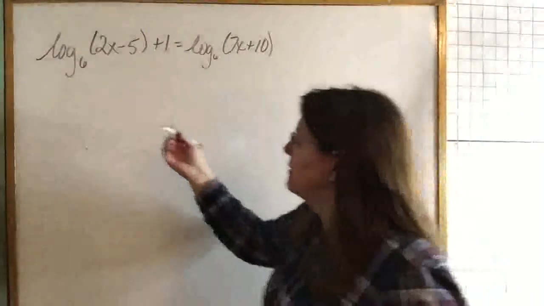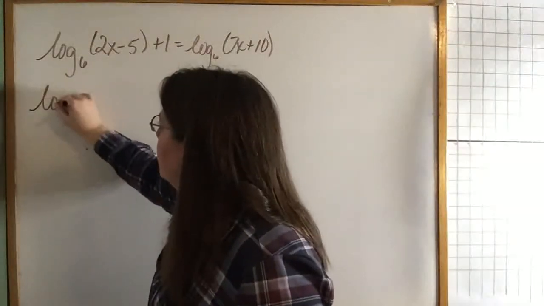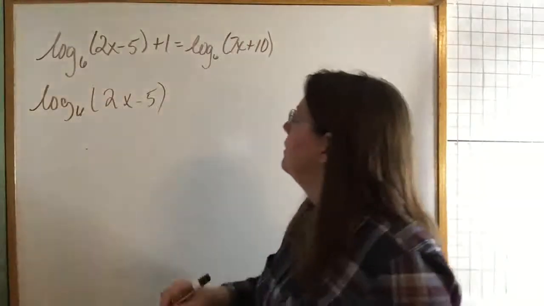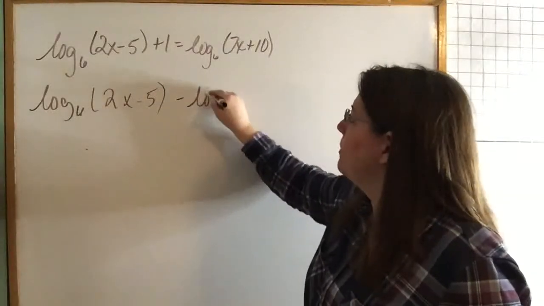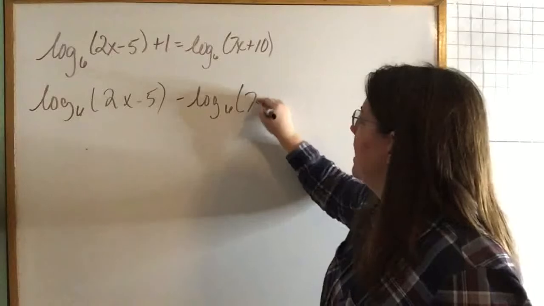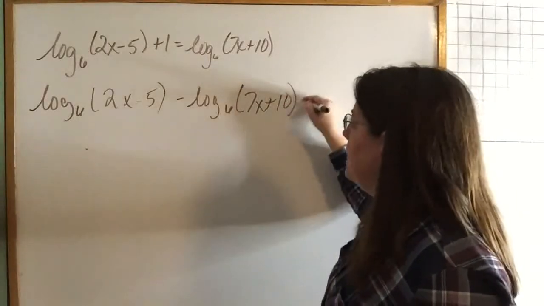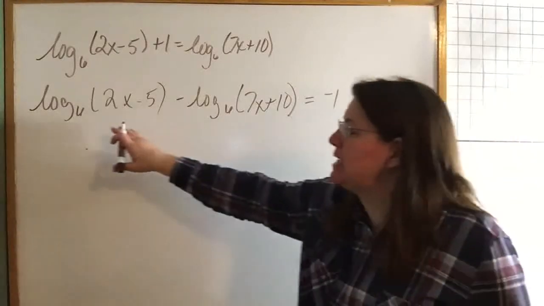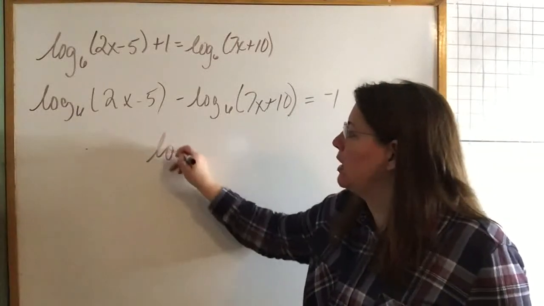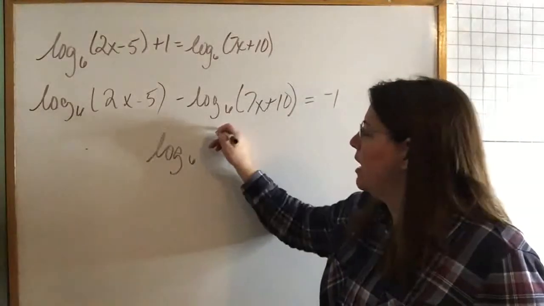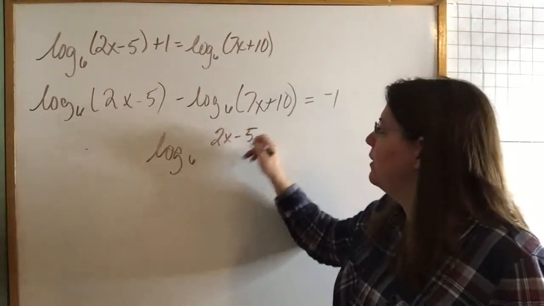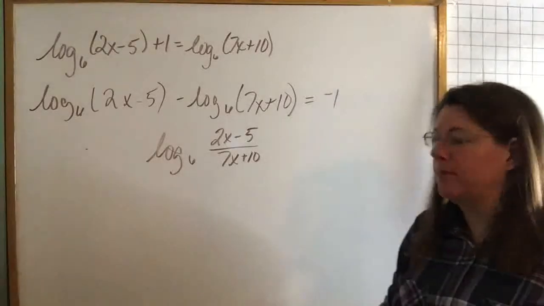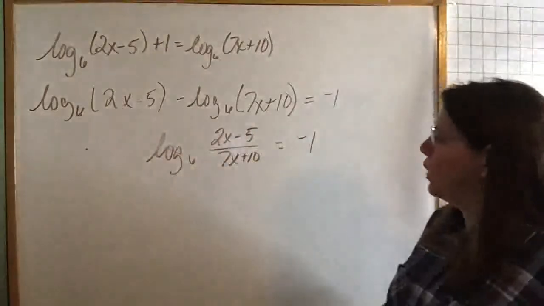When I do that, I have log base 6 of 2x minus 5 minus log base 6 of 7x plus 10 equals negative 1. Then I can condense these into a single log. That would be log base 6 of 2x minus 5 over 7x plus 10. I use my properties. That gives me a negative 1.